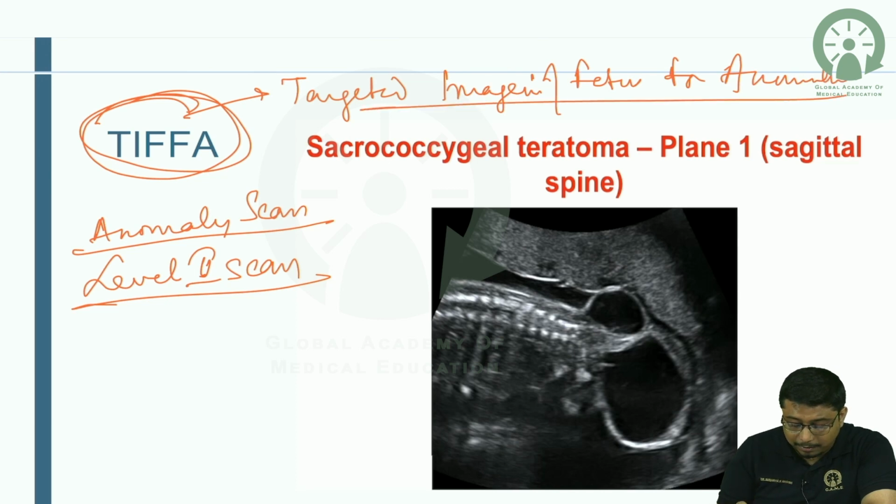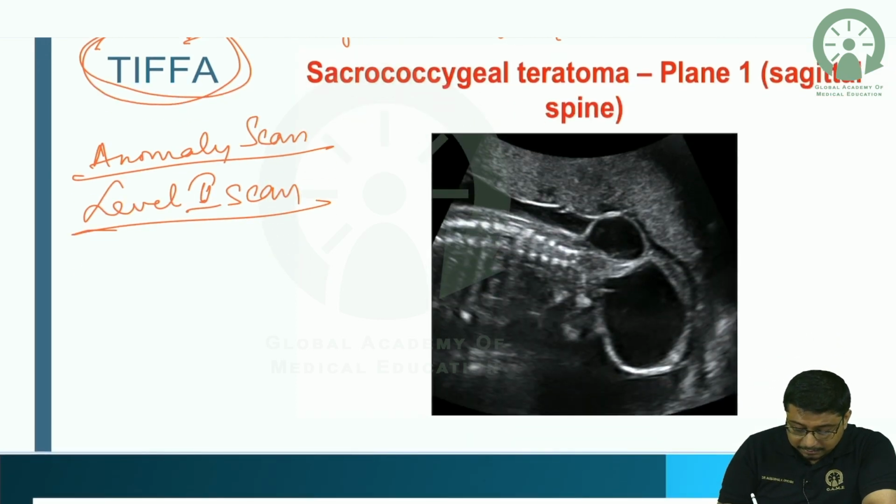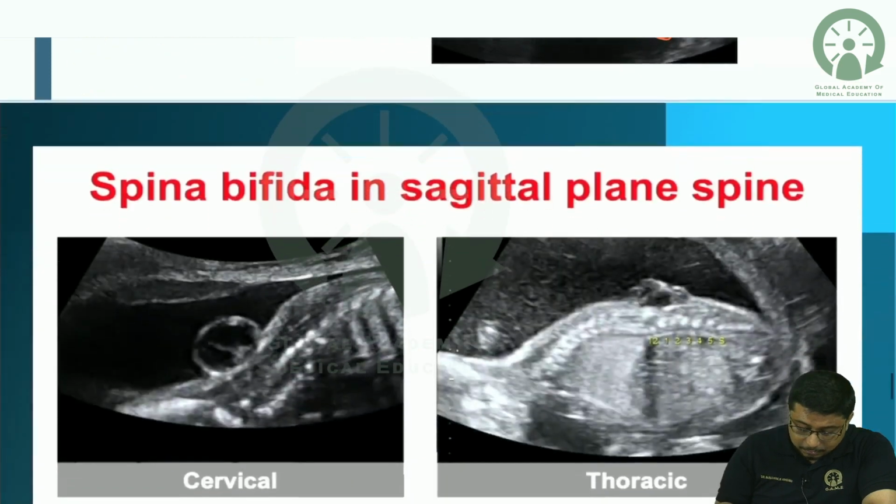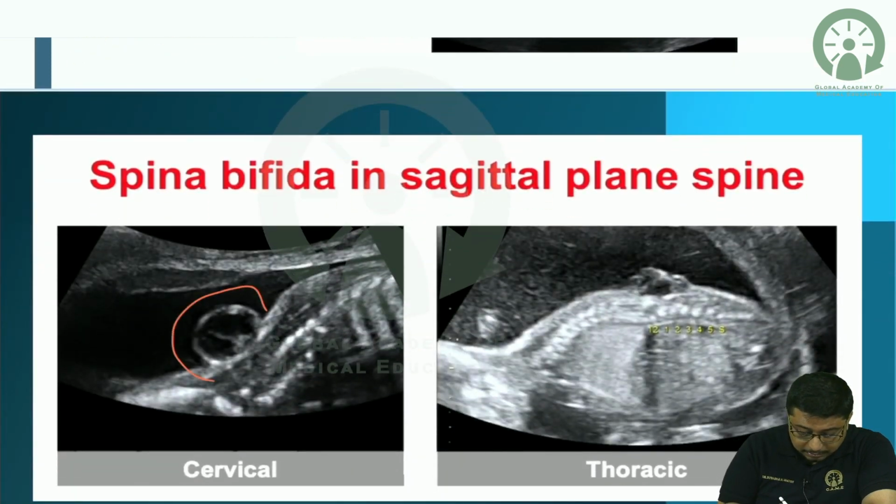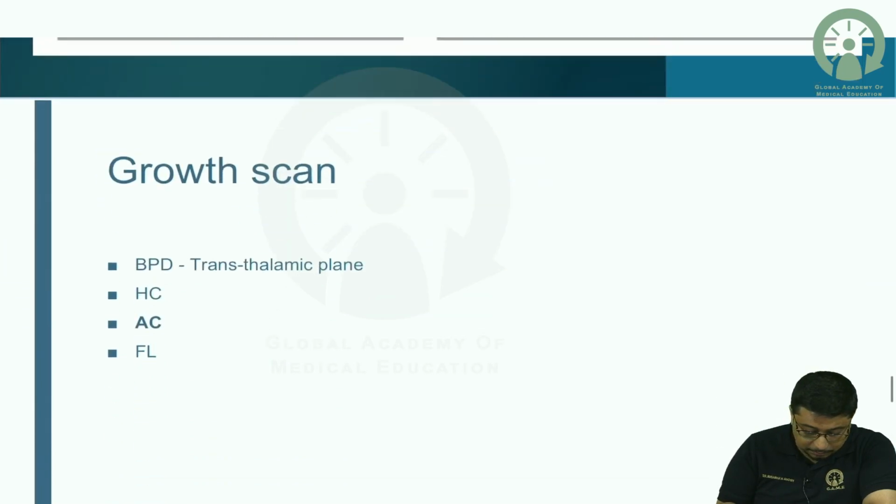So this is TIFFA. I think the radiology faculty will be discussing this in detail. Gross abnormalities like this sacrococcygeal teratoma, cervical spine abnormality, or this thoracic spine abnormality, all these things can be found out in TIFFA.